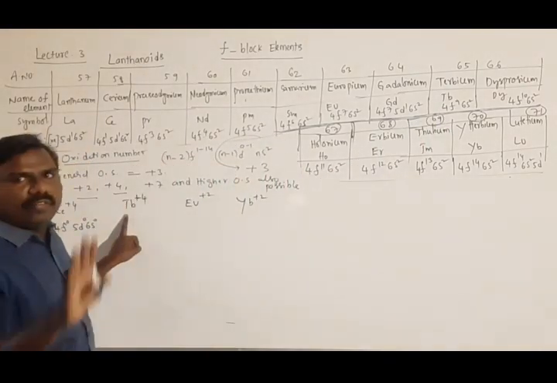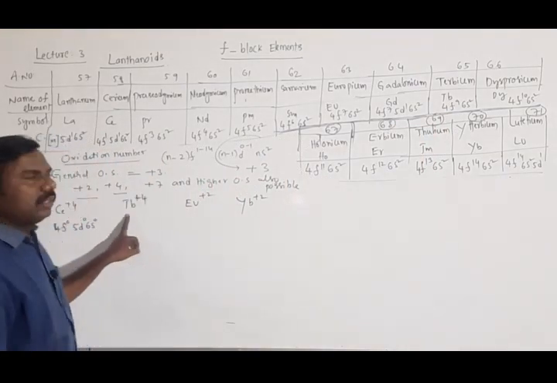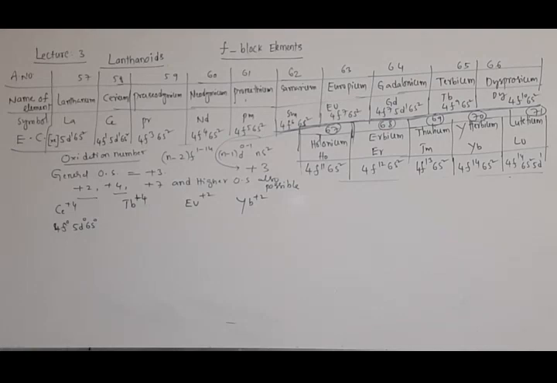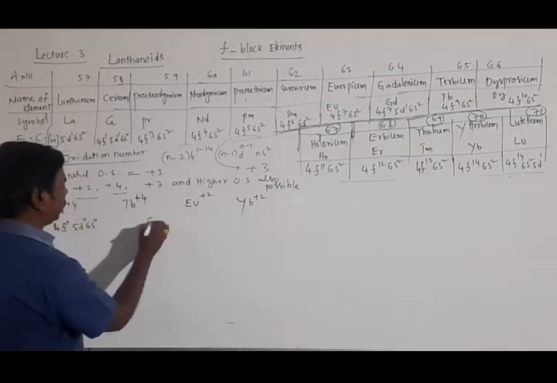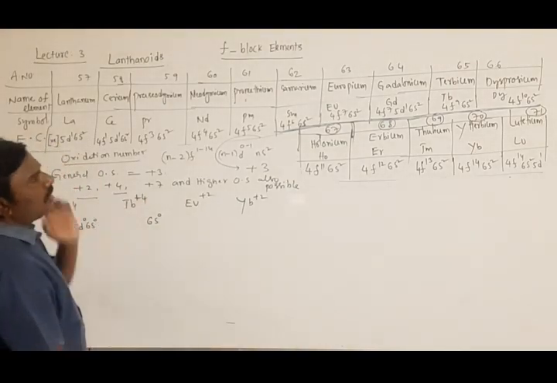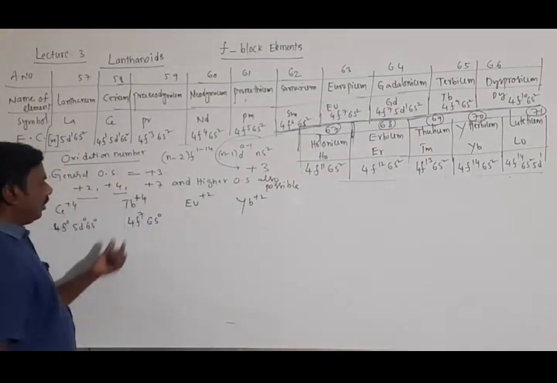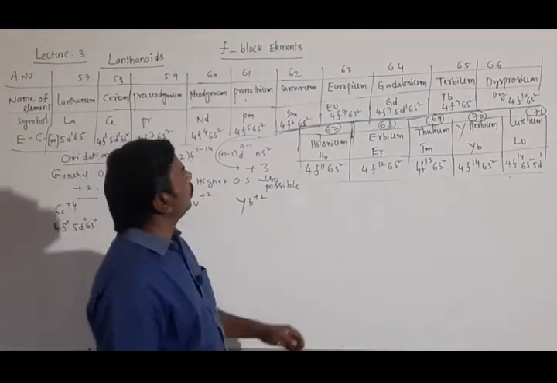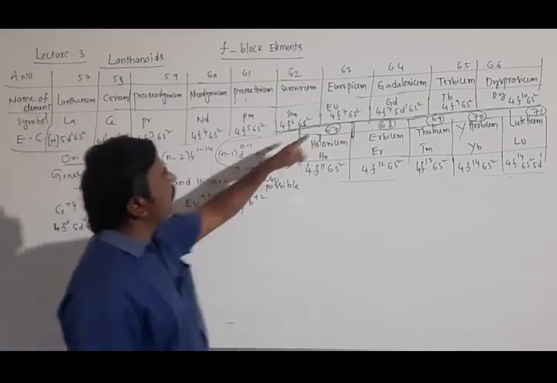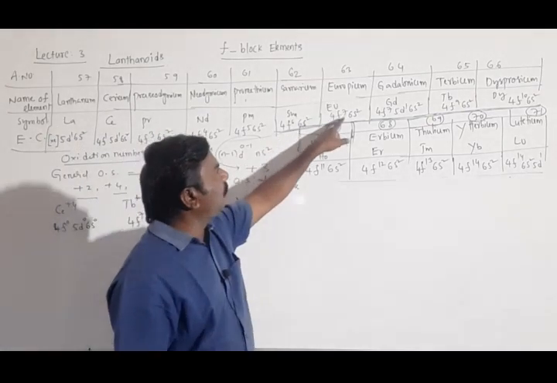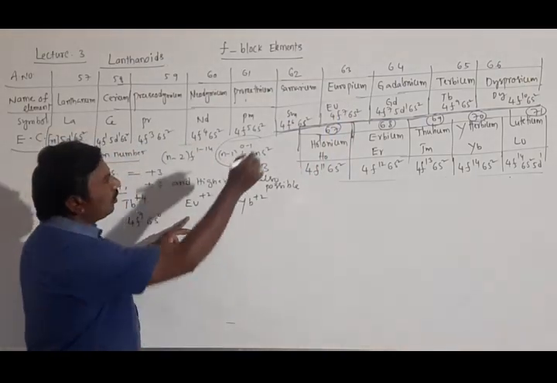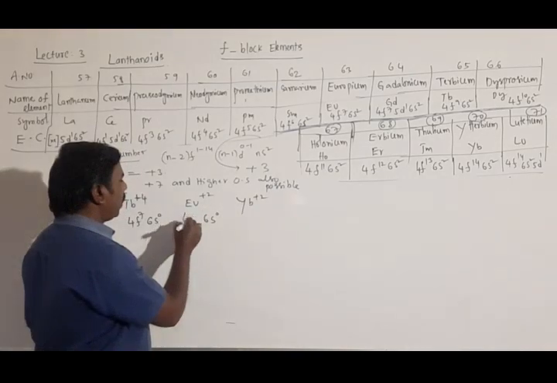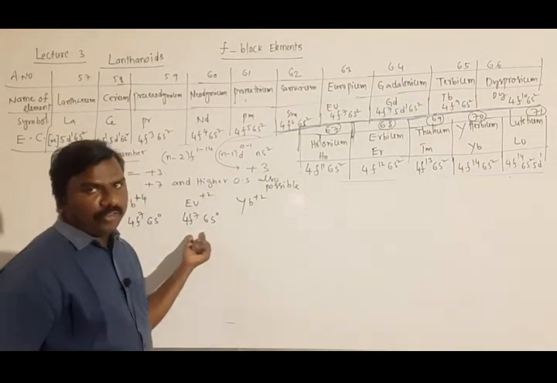From 4f9, if you remove 4 electrons, what will you get for terbium plus 4? 2 from 6s, because 6s2 becomes 6s0, and 2 more from 4f9 gives 4f7. 4f7 is half filled, more stable. Similarly, europium plus 2, where is europium plus 2? This one, 4f7, 6s2. If you remove 2 electrons from 6s, then 6s0, 4f7, half filled, stable.